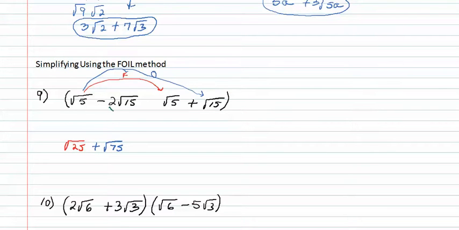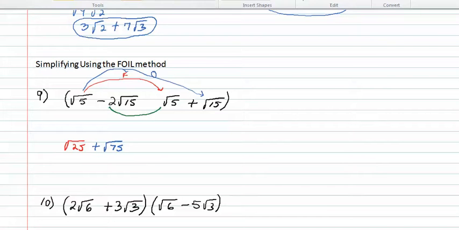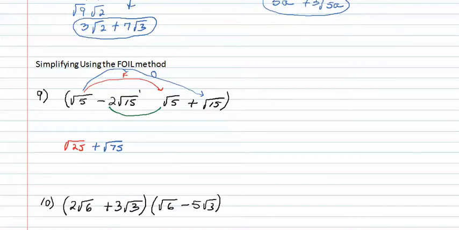It's this times that, and I lost my parentheses there. This is where they've got the I, which is the inner term. So I'm going to multiply this times that. I lost my parentheses there, sorry. So this times that, and that would be negative 2 radical 75.